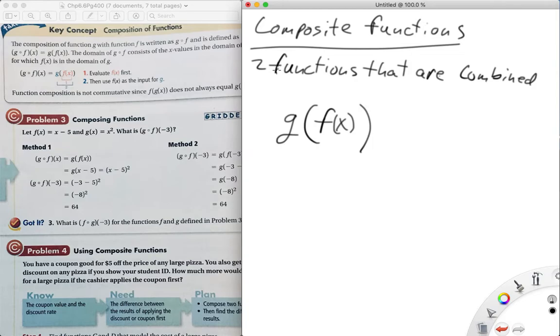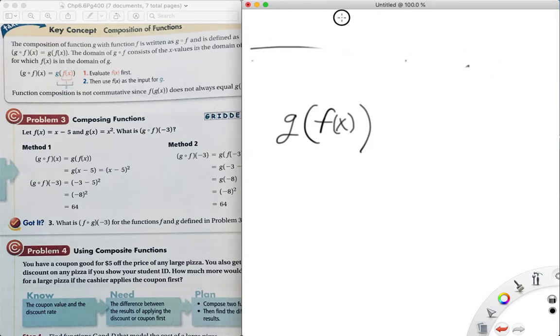So let's say the first function, and here's an example. Let's just use this one. F of x is equal to x minus 5. G of x is equal to x squared.